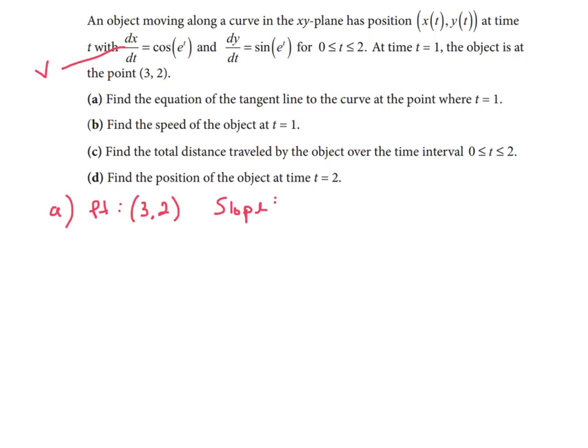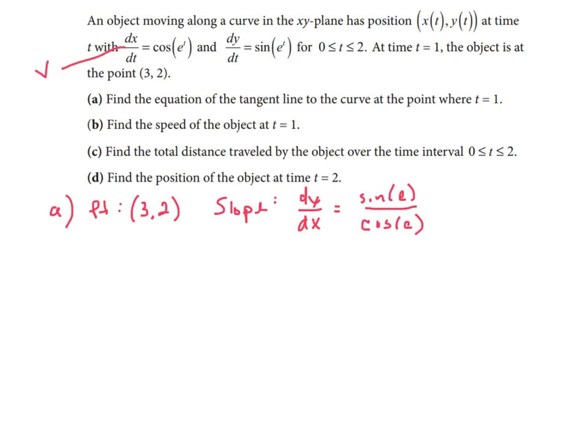Well, we always do dy/dt over dx/dt to get dy/dx. So at time 1, it's going to be the sine of e to the first, so just e, over the cosine of e. So there's our slope, and then we can type that in our calculator and write our tangent line.